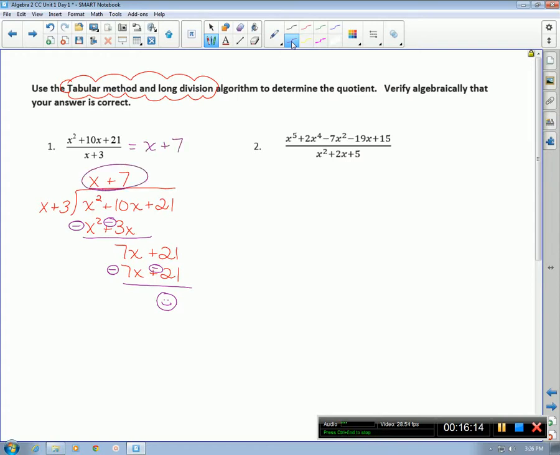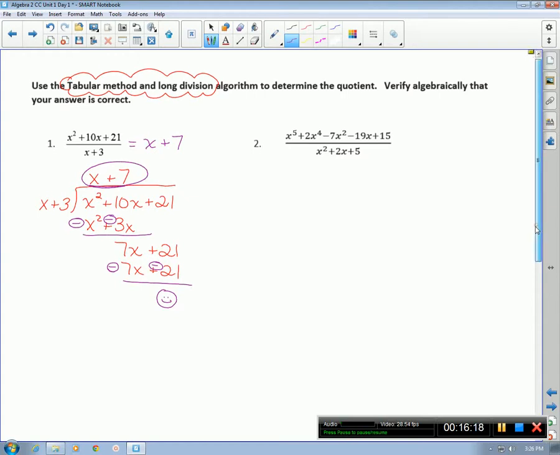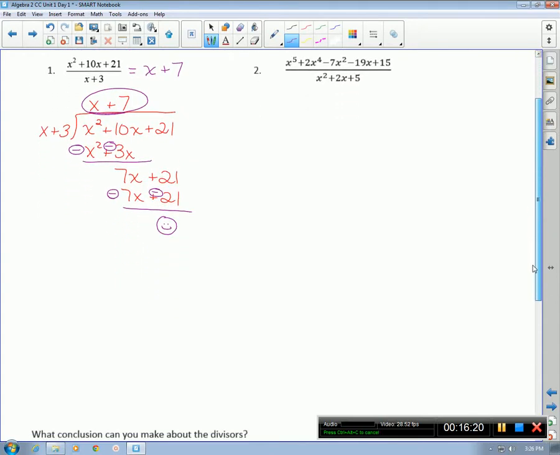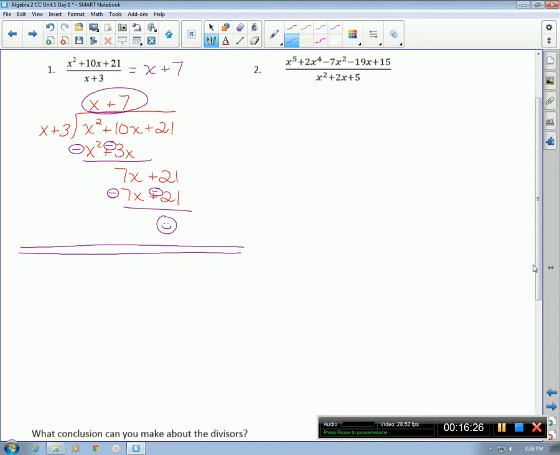Let's try the same one with the tabular method. So tabular method. Remember, we're going to take our dividend and put it in the bottom left of your workspace.